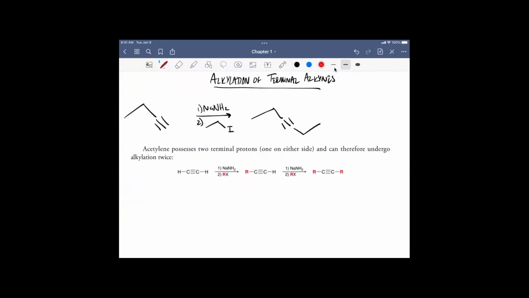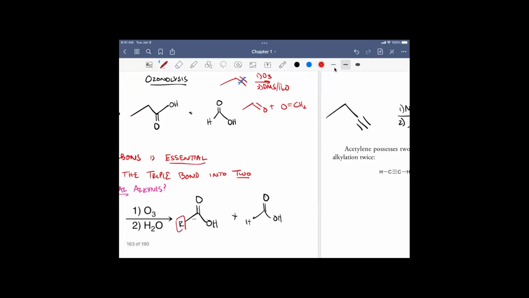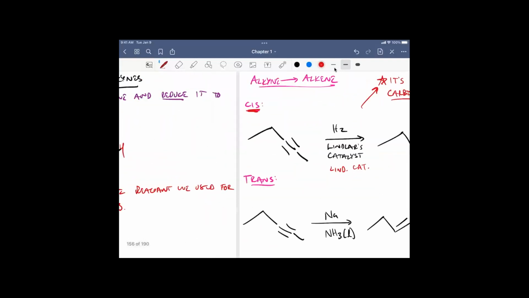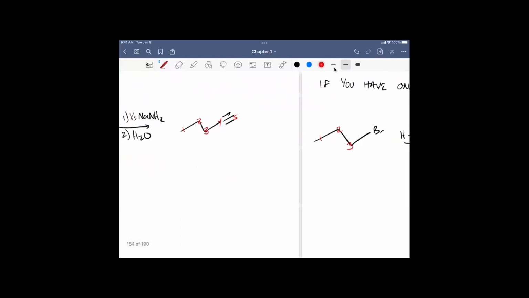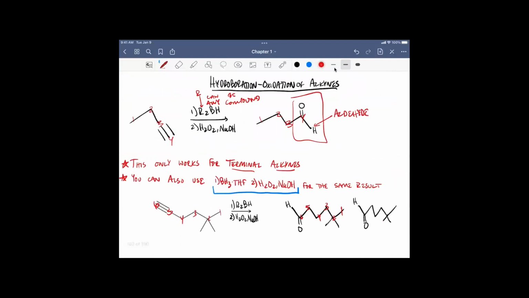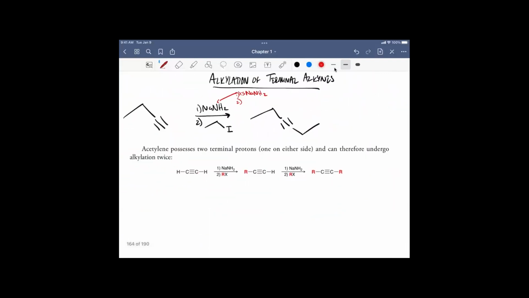So, alkylation of terminal alkynes. How can you add more carbons to your triple bond? You can see we use this reagent for our first reaction. We use excess NaNH2 in addition to a secondary step, H2O.